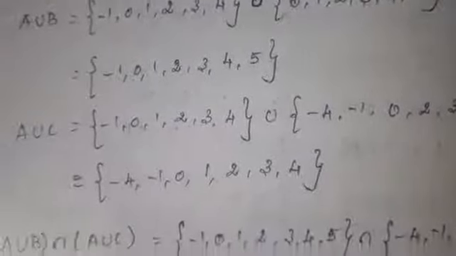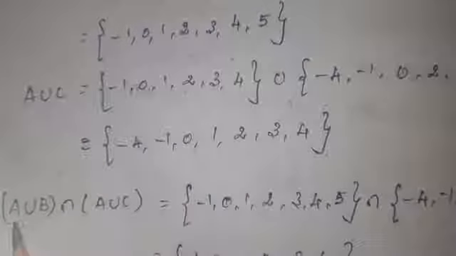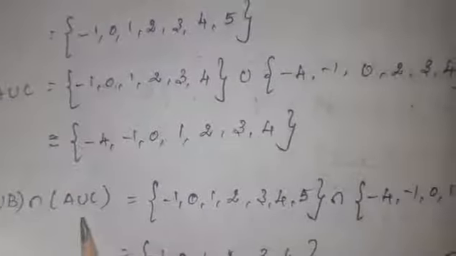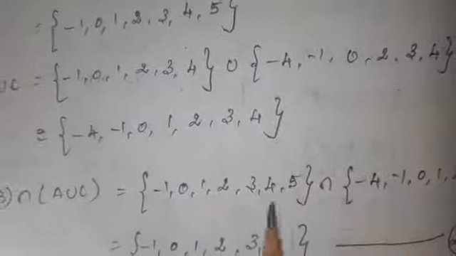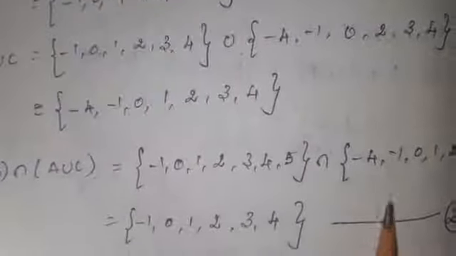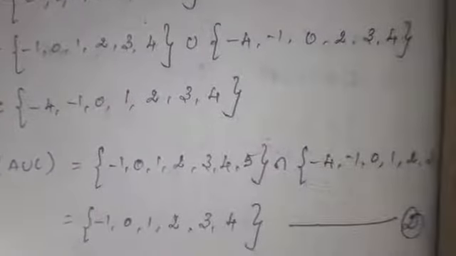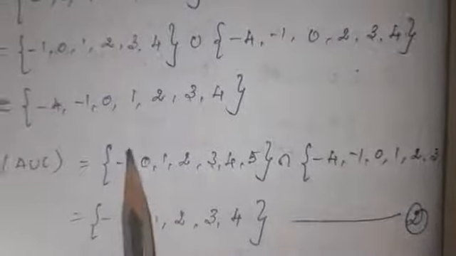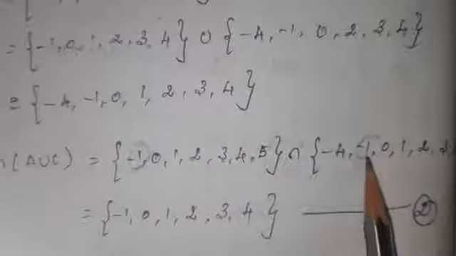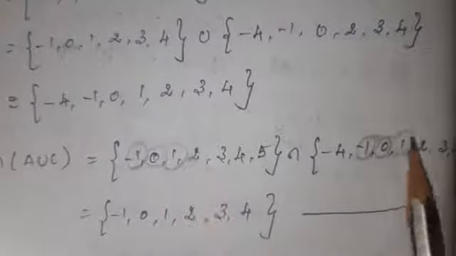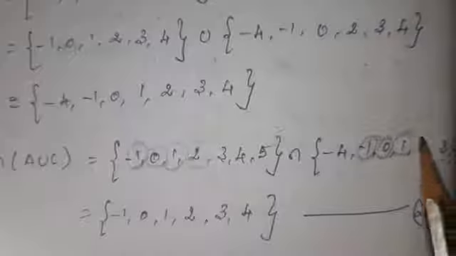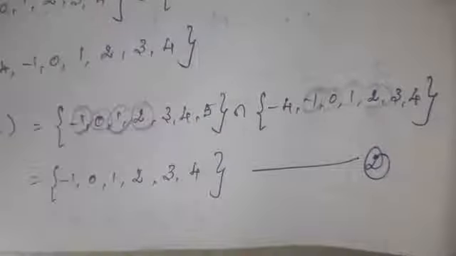At last, I am finding the full RHS. A union B intersection A union C is equal to this answer I have written here. Next, the A union C answer I have written here. For both you should take the intersection. Intersection is common elements. Here minus 1 is common, then 0, 0, then 1, 2, 3.